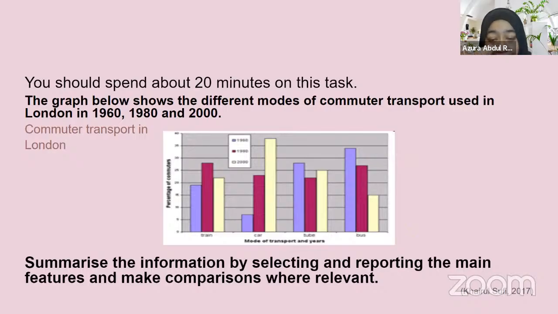Good. And then what happened? Before dramatically decreasing to 15% in the year 2020. That's right. You have it there already.